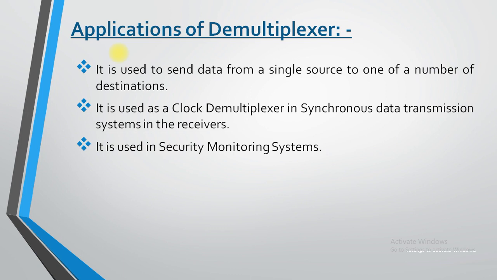We have clock demultiplexer, which is responsible for the data transmission and which can be installed inside the receivers. And it can also be used with the security monitoring system. So this is all about our today's session, which is based on the demultiplexer.